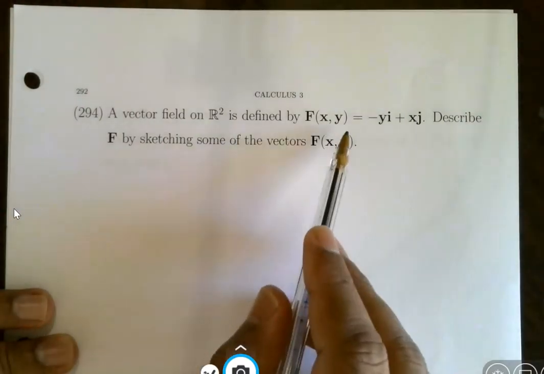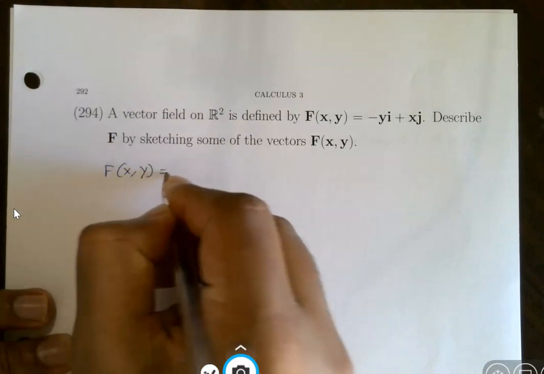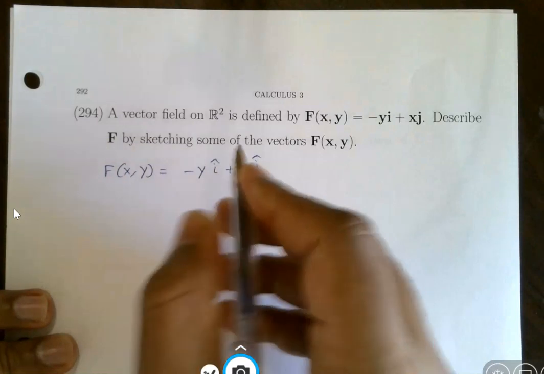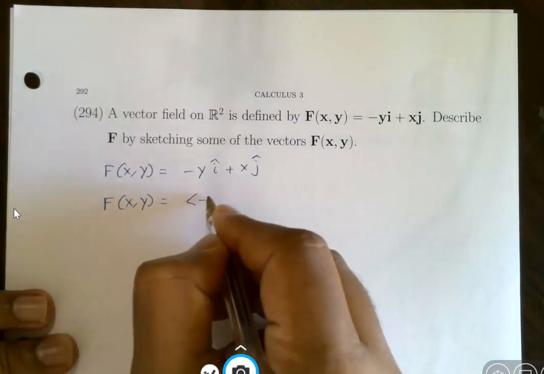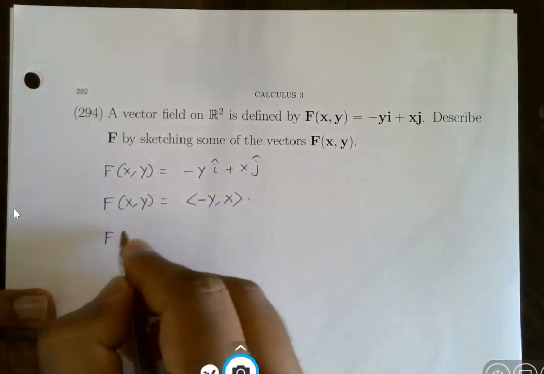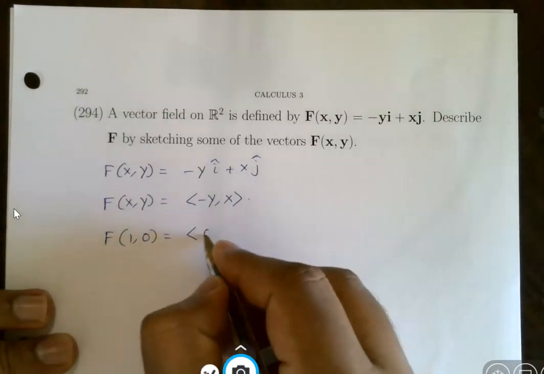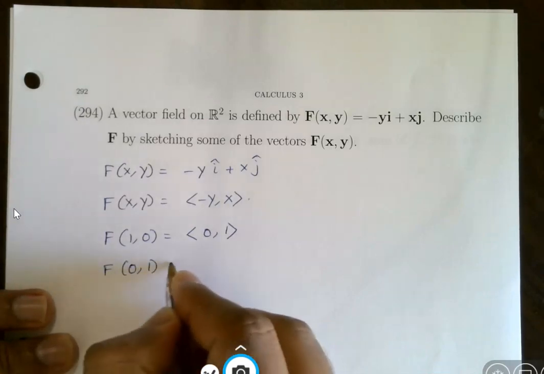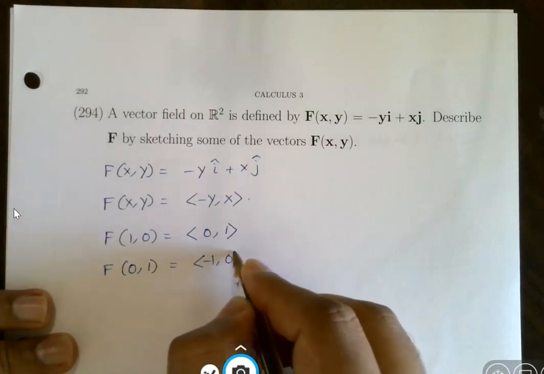Let's say a vector field is defined by this. f of x, y is defined as negative y i plus x j. So that means you want to define this as f of x, y equals negative y and x. So f of 1, 0 is going to be 0 and 1, and f of 0, 1 is going to be negative 1 and 0.